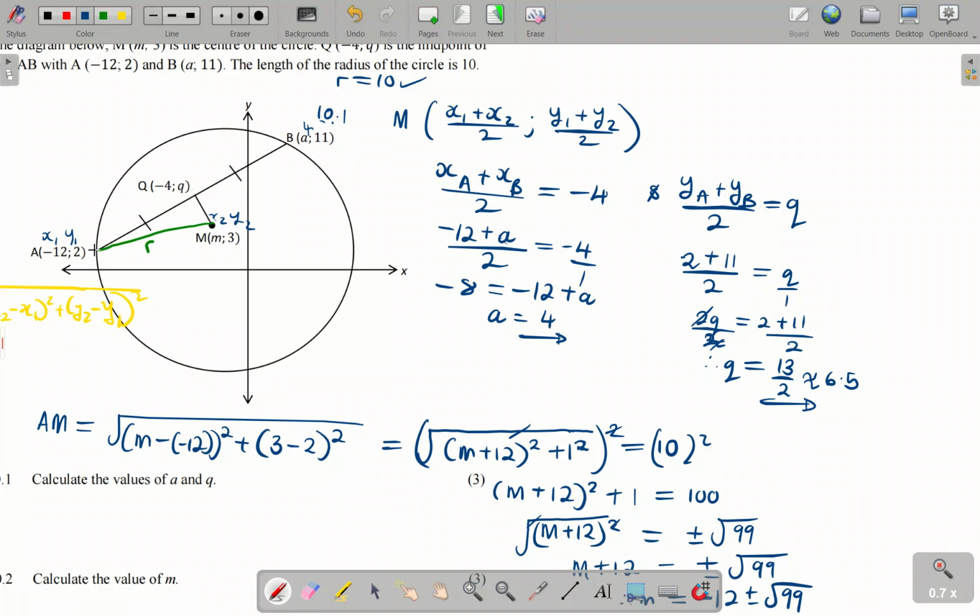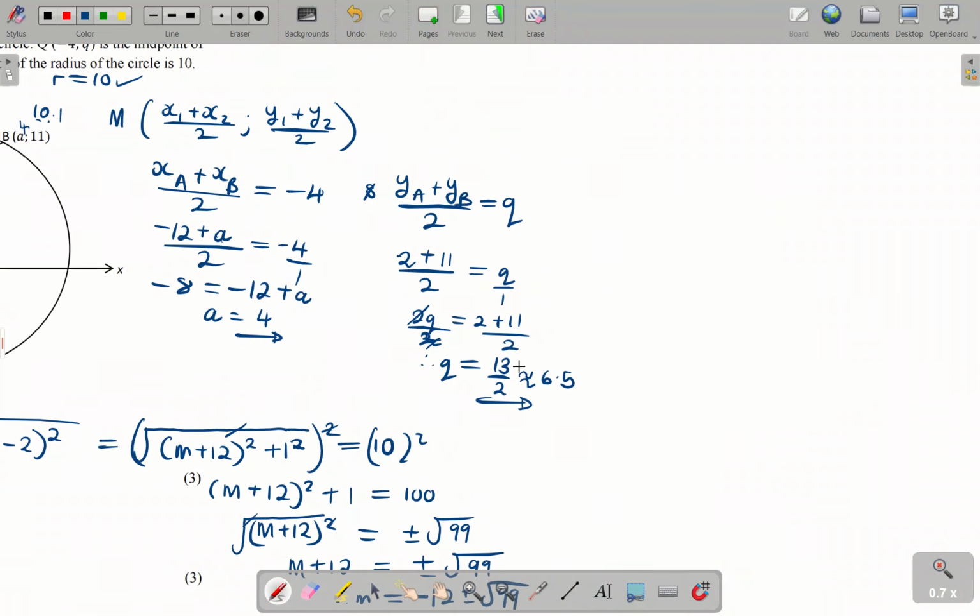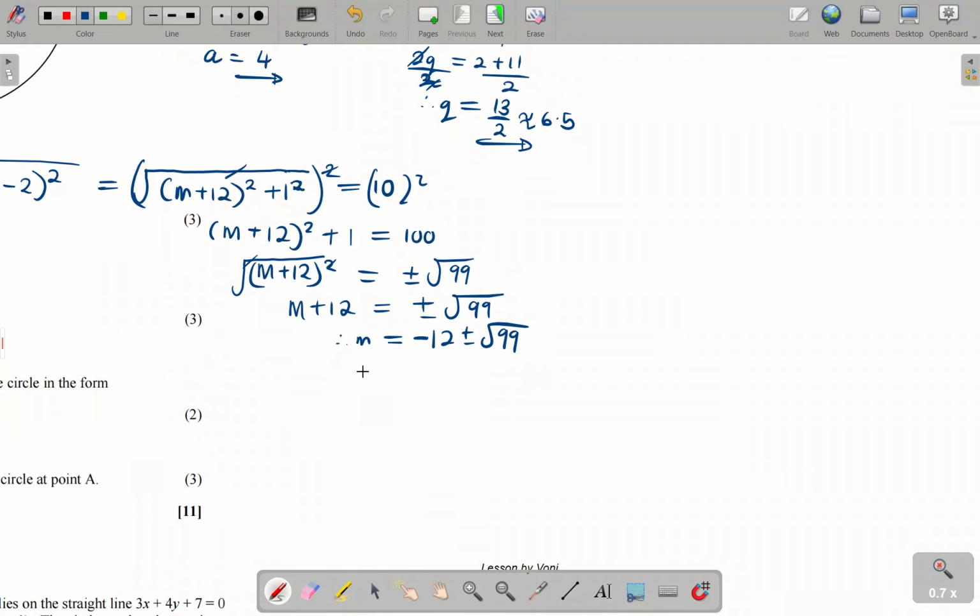So it's between negative 12 and 4 then. So it has to be greater than -12. Since you can see that m has to be greater than -12 there. So it means we need a positive value there. So it means we're just gonna say m is equal to -12 plus the square root of 99.